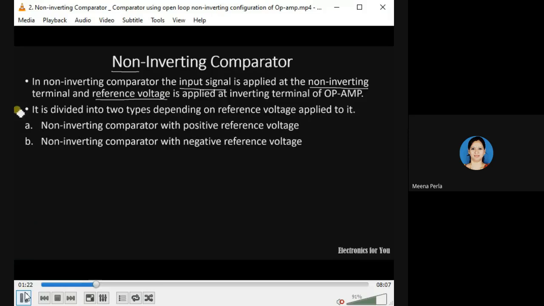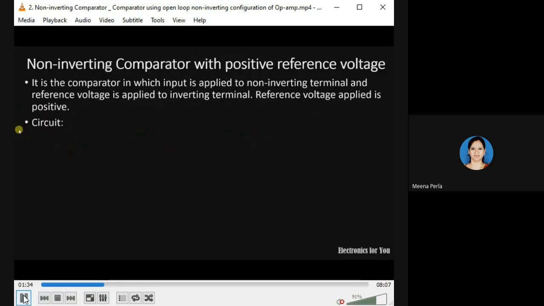Depending on the reference voltage applied, it is divided into two types: a non-inverting comparator with positive reference voltage and a non-inverting comparator with negative reference voltage. We'll see them one by one.